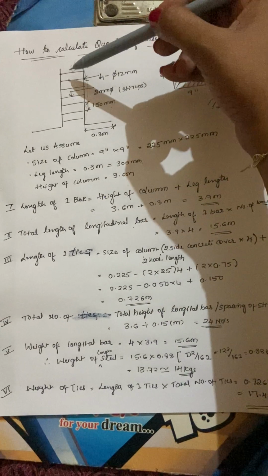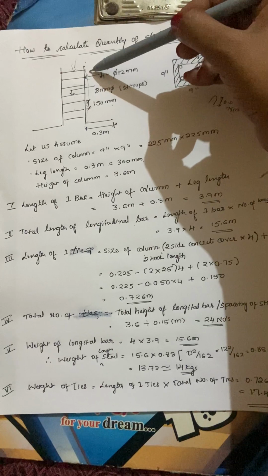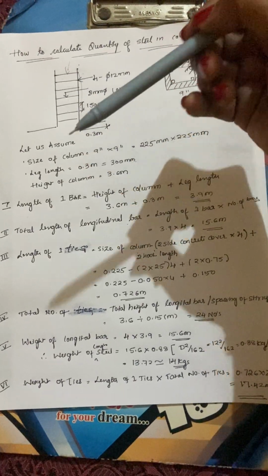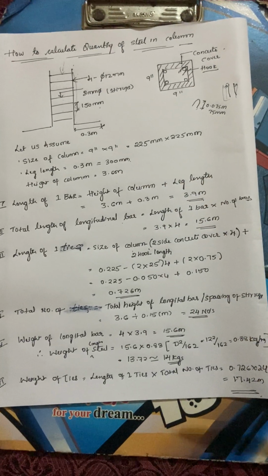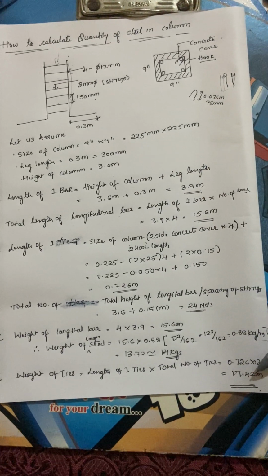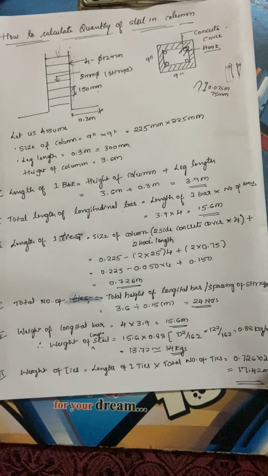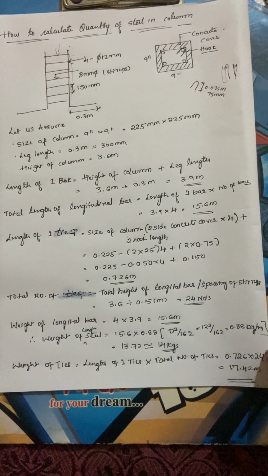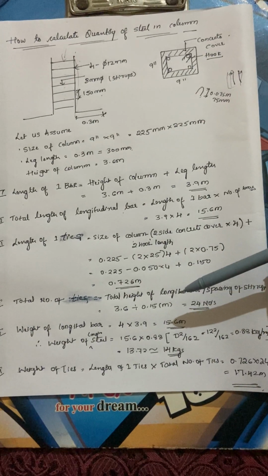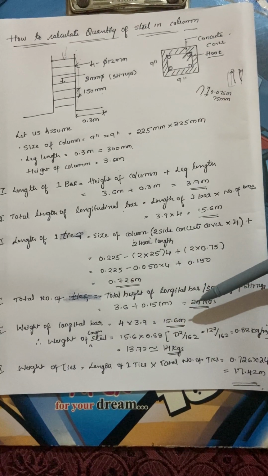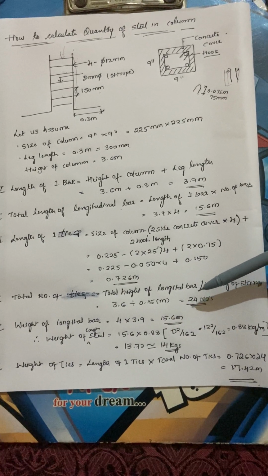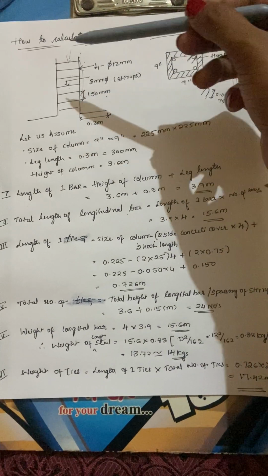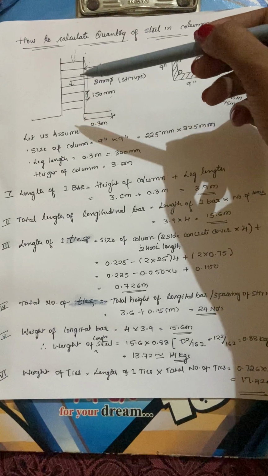So if one is 0.726 meter, then for a total of 24, the total length of the ties is 17.42 meter. So this is the total length of the ties for 24. Earlier, when we calculated the longitudinal bars, one is 3.6 meter and we have 4 longitudinal bars.